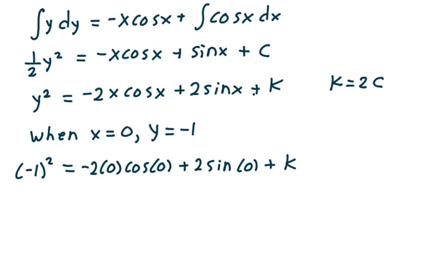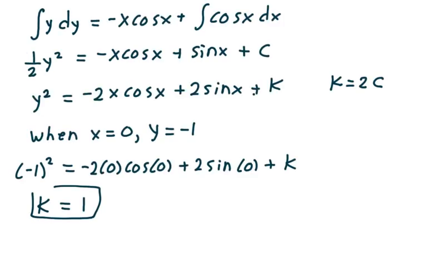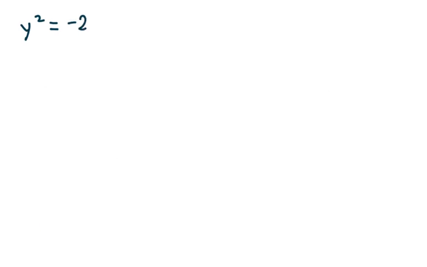Well, sine of 0 is 0, right? So we know k equals 1. We're almost done. So y squared is negative 2x cosine x plus 2 sine of x plus 1.